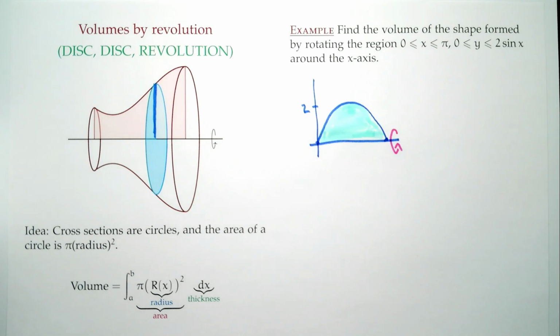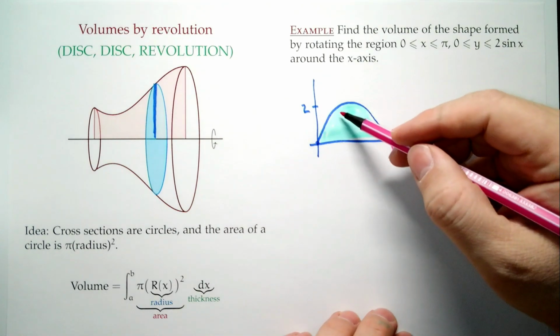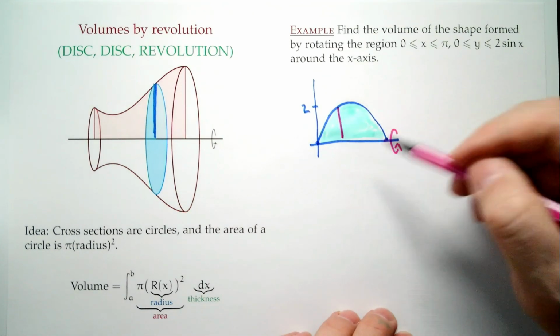Even though we've just learned one technique, I think it's good to get in the habit of reminding ourselves what we're doing. I always like to think to myself, when I'm finding a volume, I think about making a little slice and what happens to it. So here's my little slice. I'm going to spin that around.